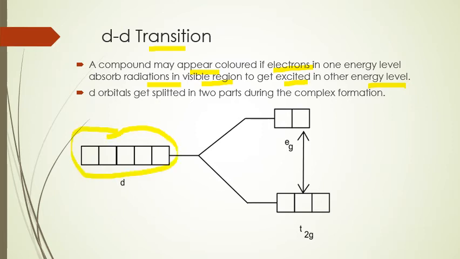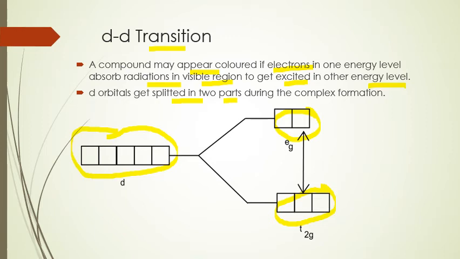How many d orbitals are there? Five d orbitals. So when the ligand approaches, the d orbitals get split into two parts. Here you can see the five d orbitals split into three, that is t2g at the lower level, and eg goes to the higher level. So this is called d-d splitting.